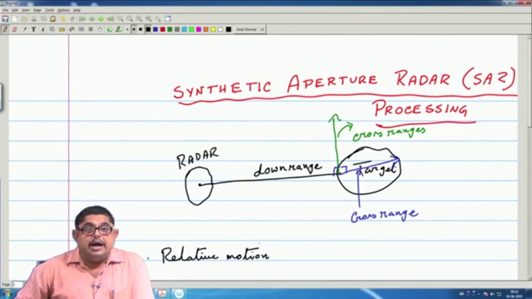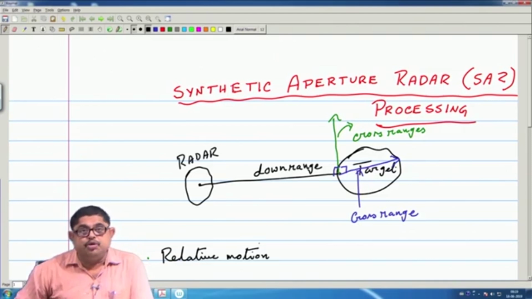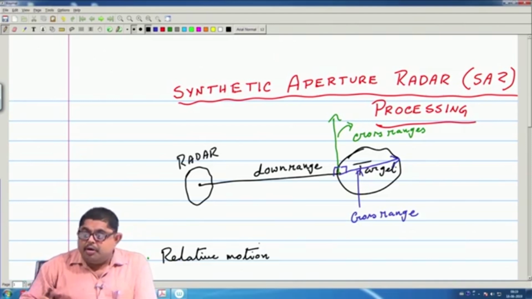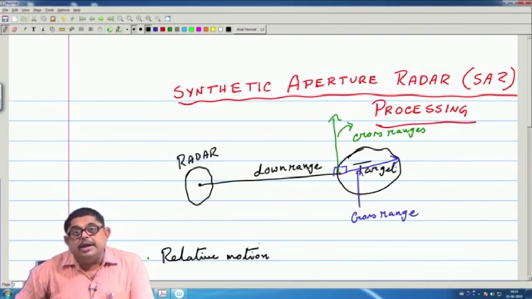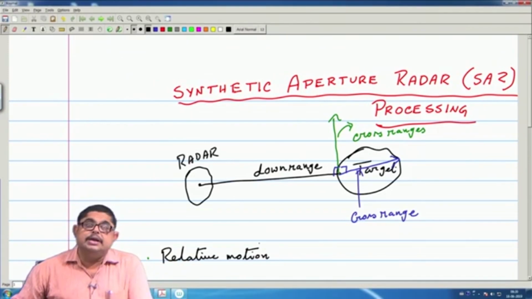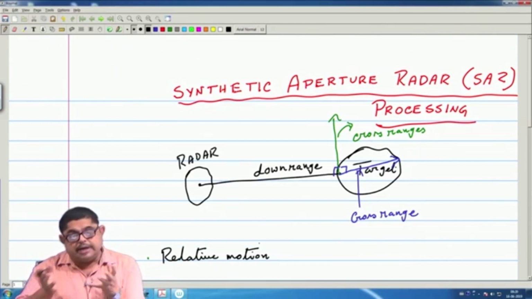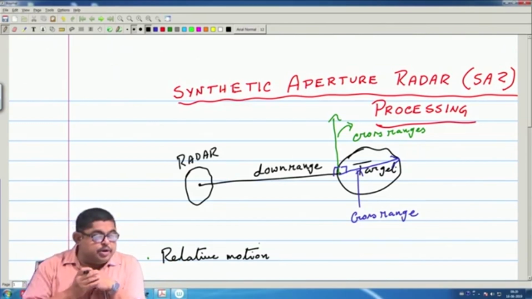That means either the radar or the target is moving in a predefined way, then only we can synthesize a large aperture. So, relative motion between radar and target is a prerequisite of the synthetic aperture technique.